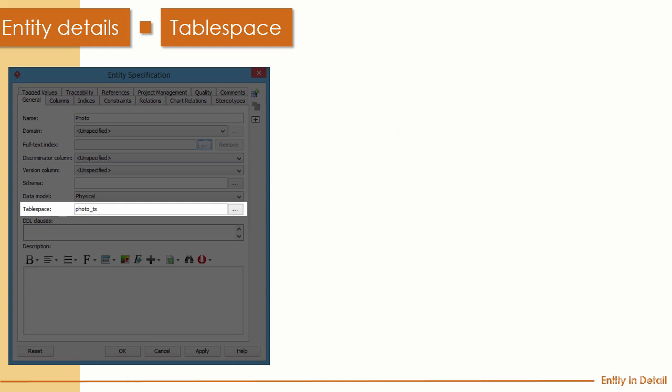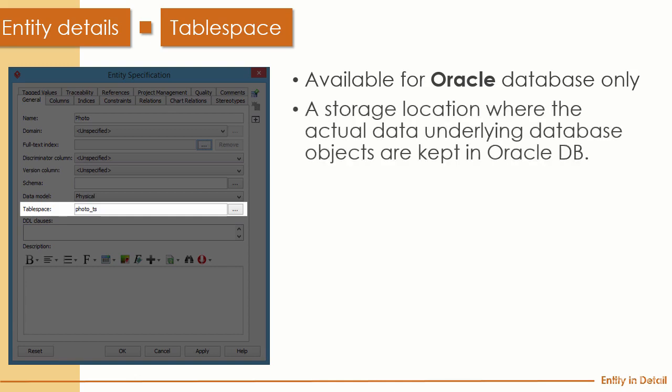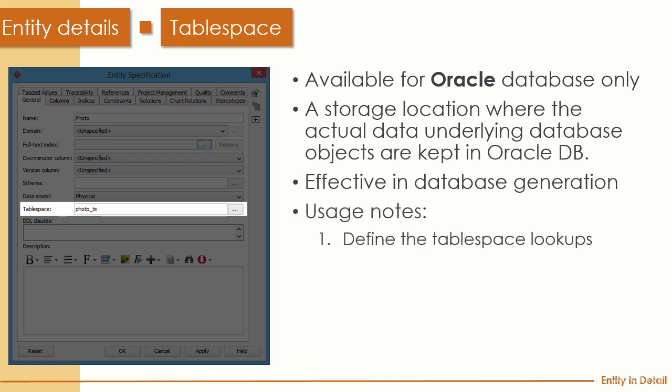The table space. The table space is only available for Oracle. So if you generate to another database engine like MySQL or MS SQL, it isn't effective. The table space is a logical location where to store your table in the Oracle DB. And this is a kind of database generation property.